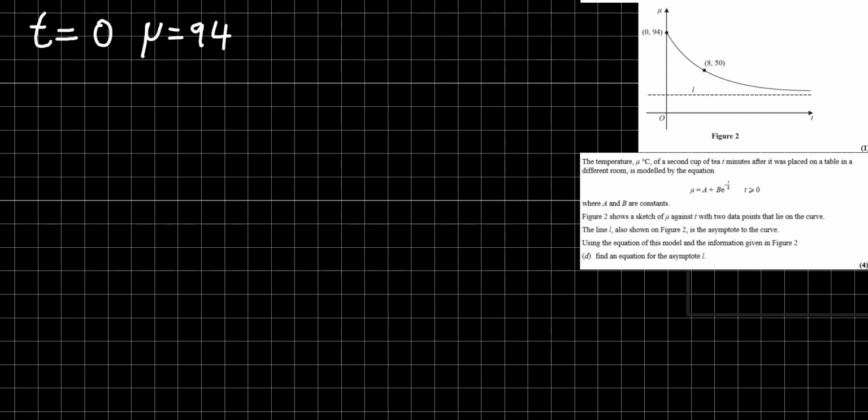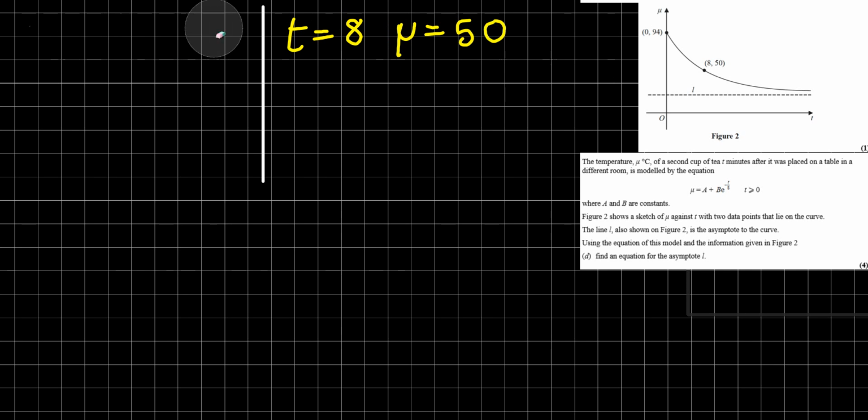And on the other side, when t was 8, mu was 50. So what we're going to do is create two simultaneous equations and then solve them to find A and also find B.